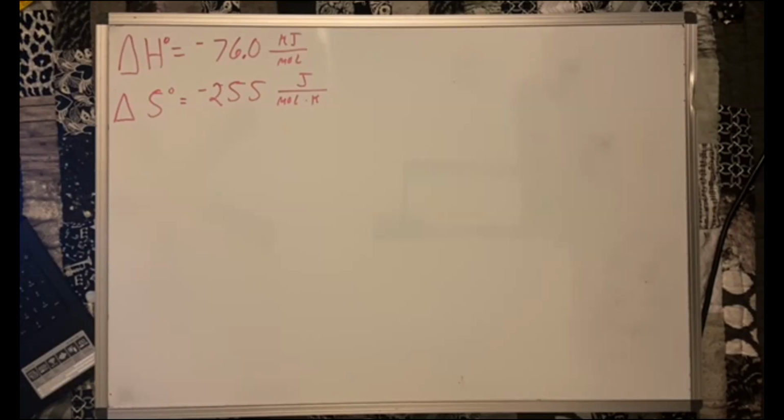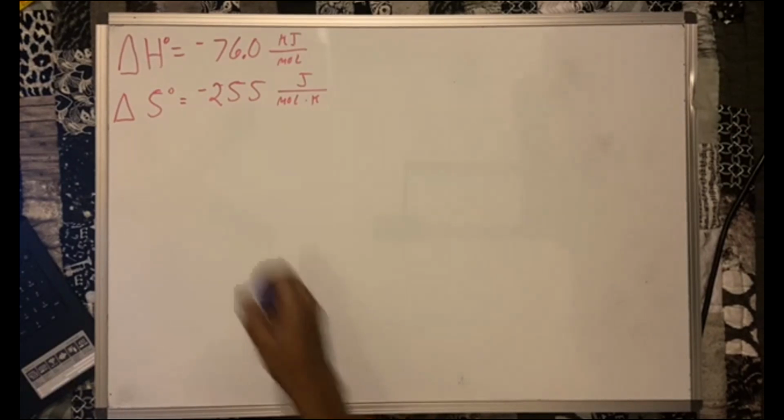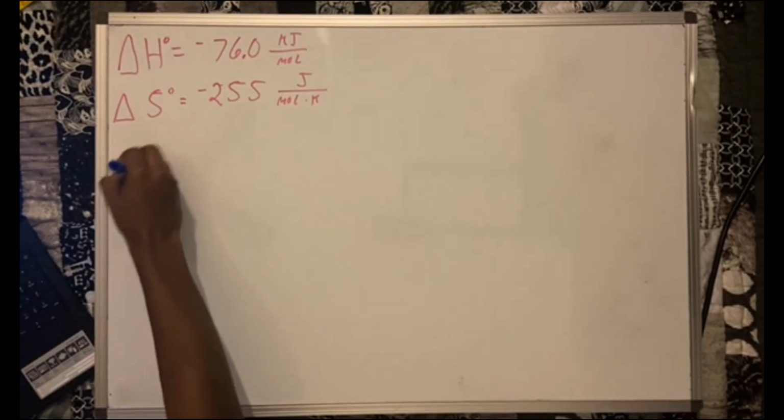All right, there you go. So those are our enthalpy values for the reaction. So we want to know when it goes from spontaneous to non-spontaneous. Remember, delta G is spontaneous when it's negative, non-spontaneous when it's positive. So it switches at 0.